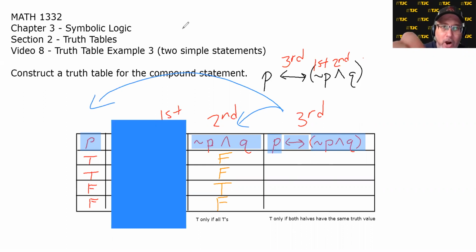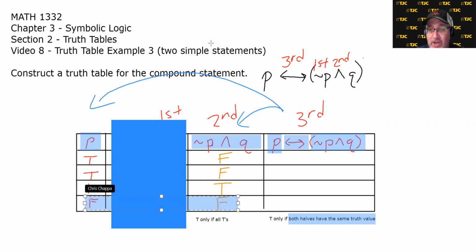So, are there any rows where both halves have the same truth value? In the first row, do these have the same truth value? No. In the second row, do these? No. In the third row, do these? No. In the fourth row, do these? Yes.